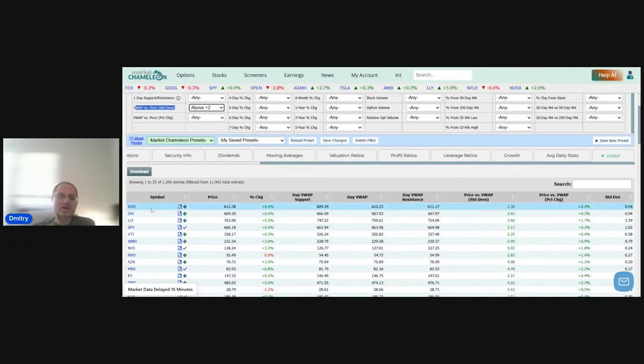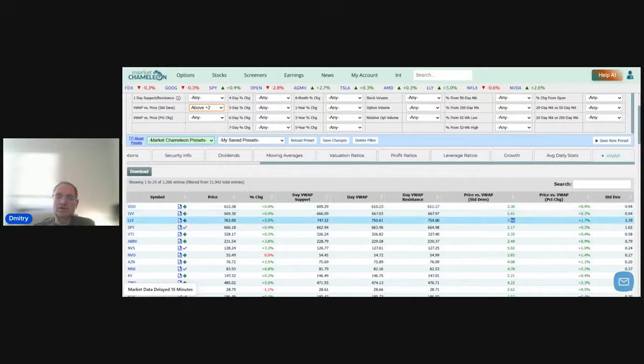Now we have a list of stocks where the stock price, right, compared to the VWAP, so 612.38 compared to the day's VWAP, is up by more than 2 standard deviations.